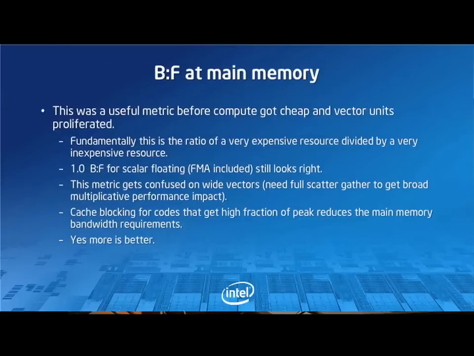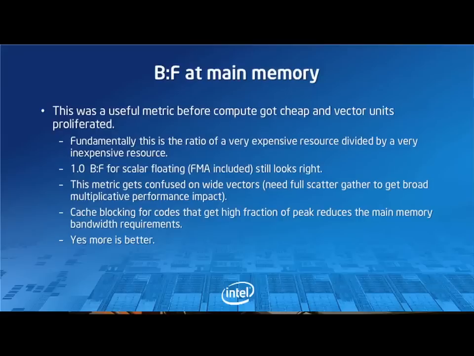So we're actually beginning to think that the B to F ratio, as we've looked at it traditionally, is not what we want to be looking at going forward, because now with a proliferation of vector units, especially on GPUs, the B to F ratio for scalar is actually really good compared to the B to F ratio for vector.